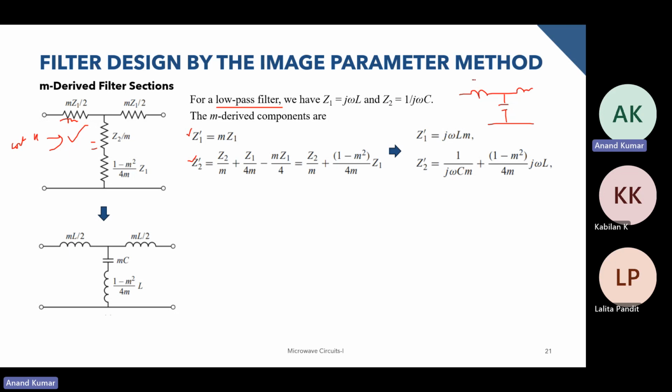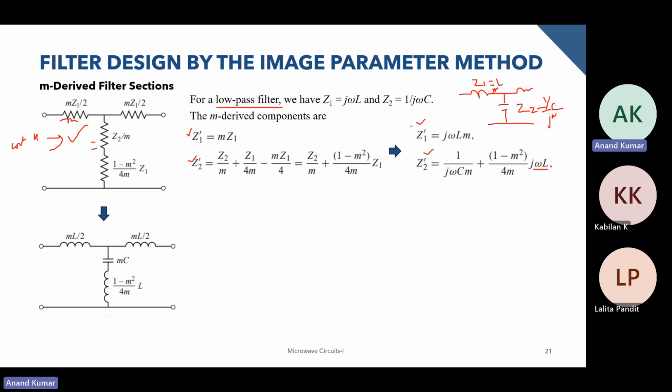So we had Z1 equals to L and Z2 equals to C. So now we'll just substitute this L and C: j omega L, and 1 by j omega C. So when we substitute them, we get j omega Lm for Z1 dash and 1 by j omega Cm plus (1 minus M square) by 4M j omega L for Z2 dash.